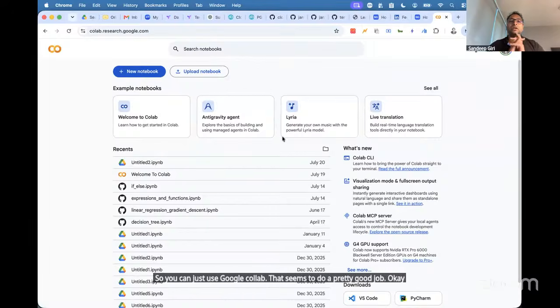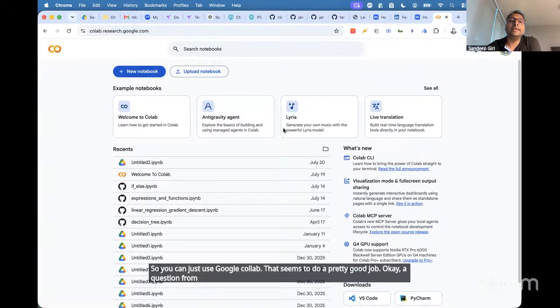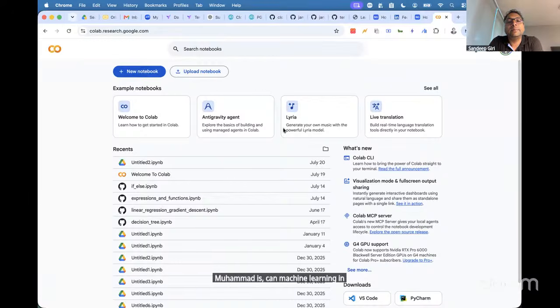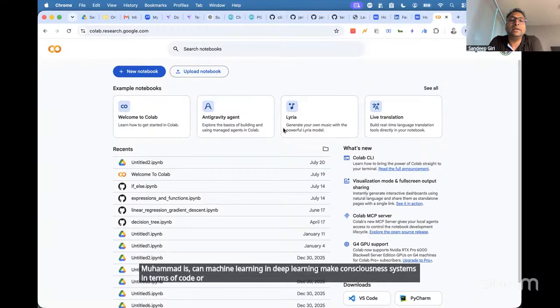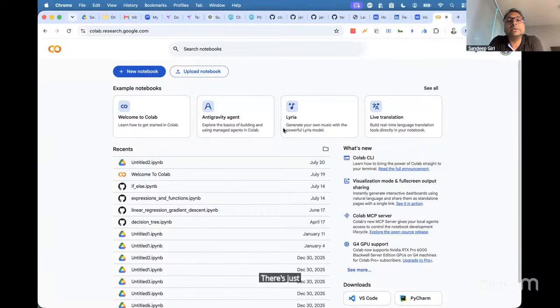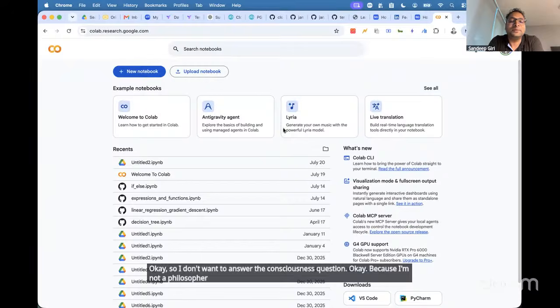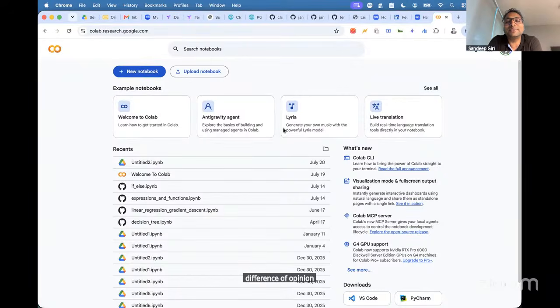A question from Muhammad is, can machine learning and deep learning make conscious systems in terms of code, or systems alive? There are just too many questions. I don't want to answer the consciousness question, because I'm not a philosopher, and everybody has a difference of opinion when it comes to consciousness.